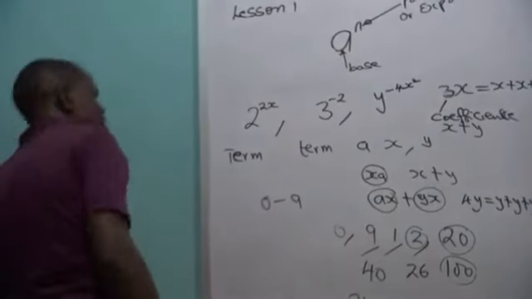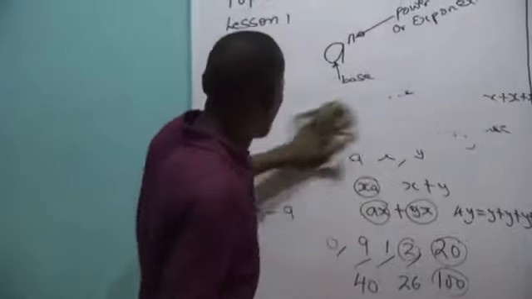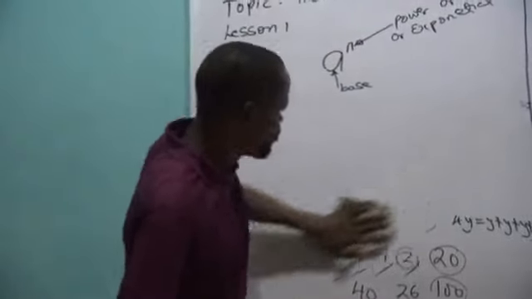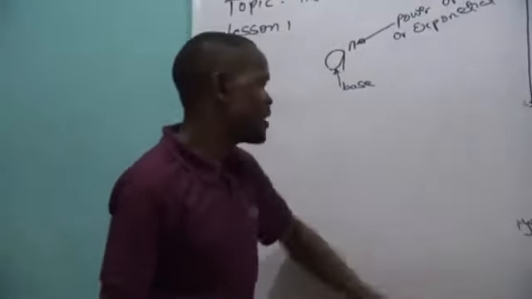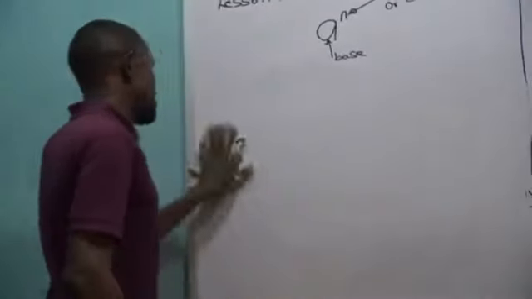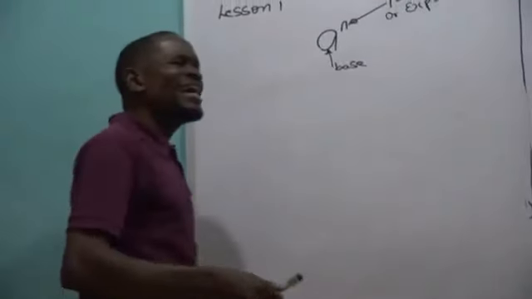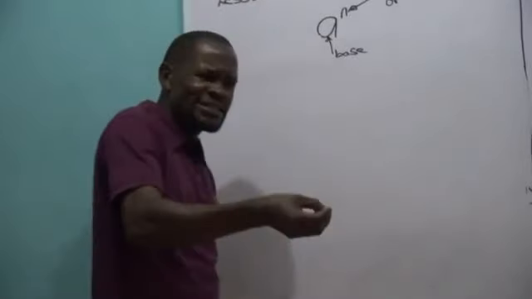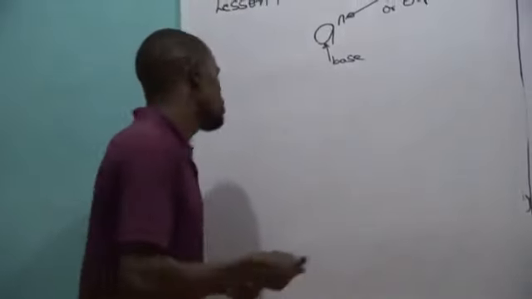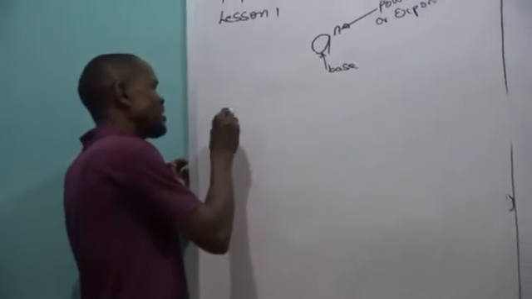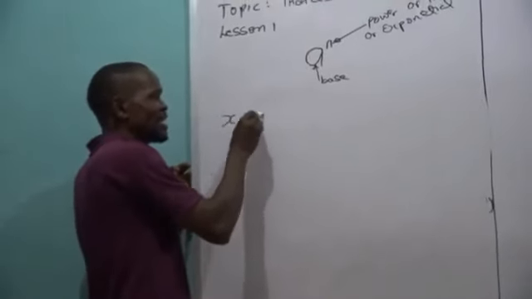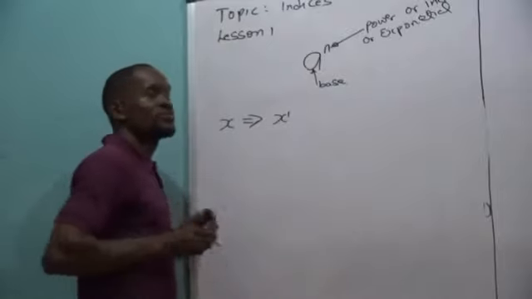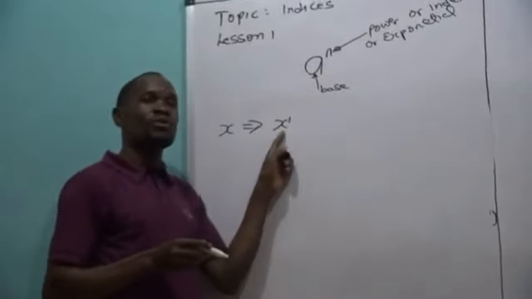Now let us see other things we needed to put before we proceed on this topic properly. Anytime we write x, it is raised to power 1. If I write x like this, it simply means that this x is raised to power 1. I don't need anybody to tell me it's raised to power 1.